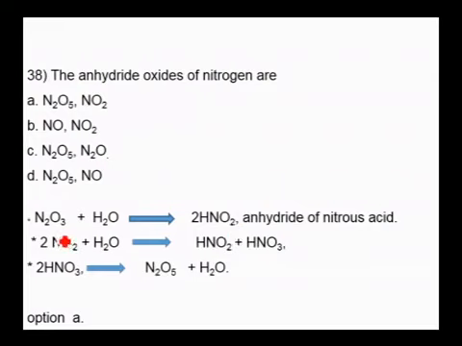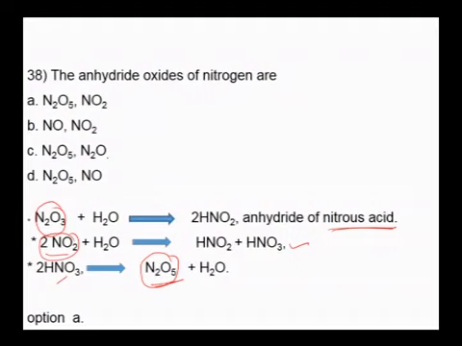Therefore, N2O3 is the anhydride of nitrous acid. Similarly, NO2 is an anhydride of nitrous acid and nitric acid. The last one, N2O5, is an anhydride of nitric acid.